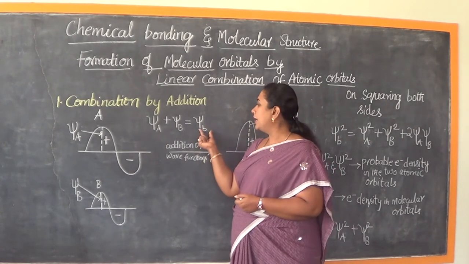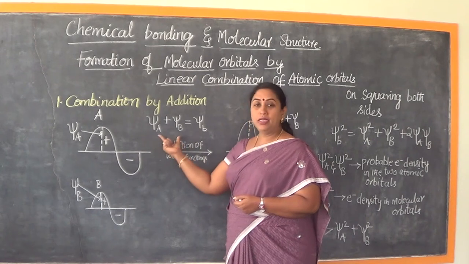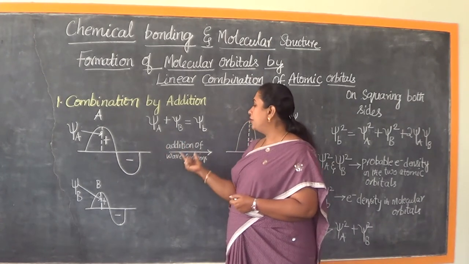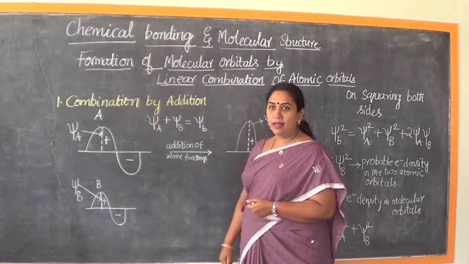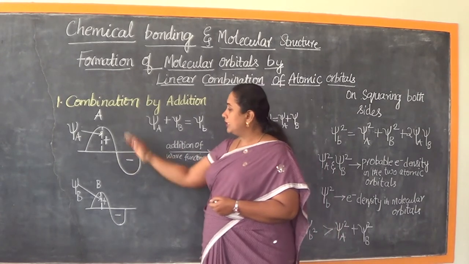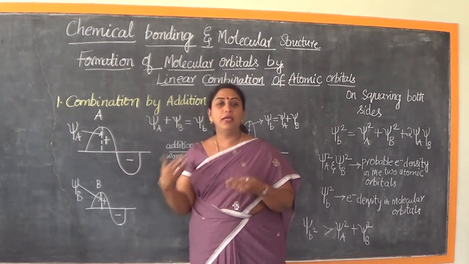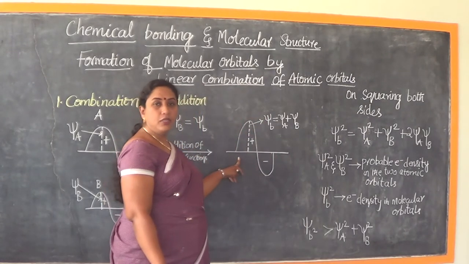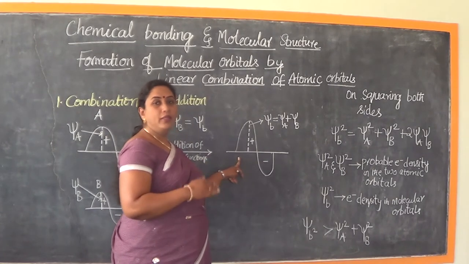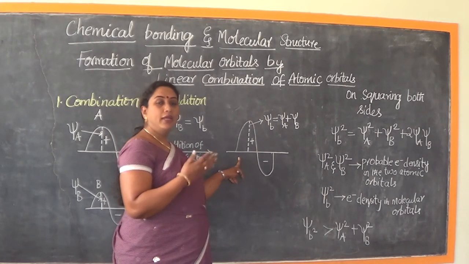So the product obtained by the in-phase waves: we are going to add the wave functions. Addition of wave functions has to be done in such a case because it is in-phase waves which are undergoing linear combination, resulting in the amplitudes getting added up.